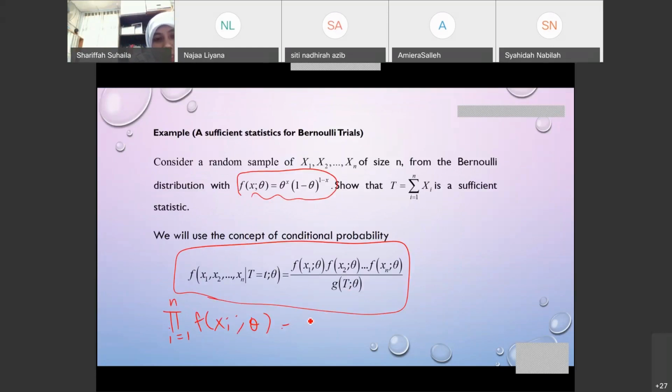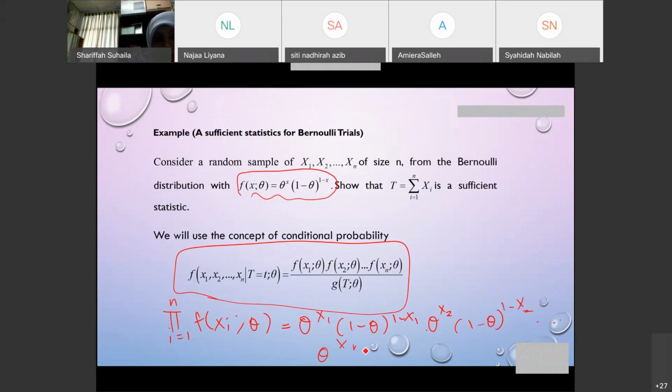So you have theta to the x1, (1 minus theta) to the 1 minus x1, theta to the x2, (1 minus theta) to the 1 minus x2, sampailah kamu ada theta to the xn, (1 minus theta) to the 1 minus xn. Okay. So by independence, you can multiply the probability.